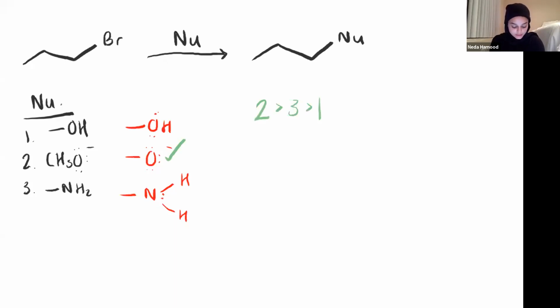Because you see that this one can readily donate it. And then OH is kind of bad at a lot of things in organic chemistry. It's a bad leaving group, and it really isn't going to want to give away any of its electrons because then it's going to form a plus sign on it.